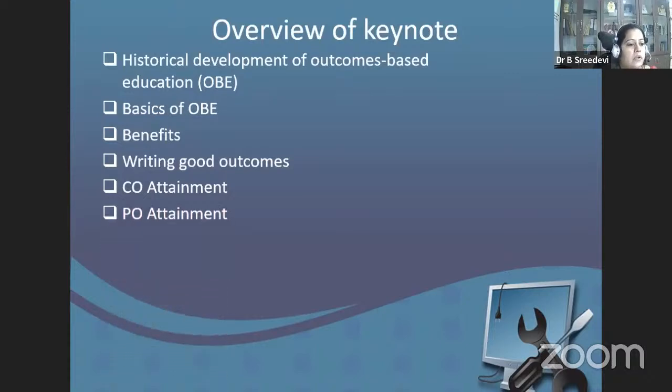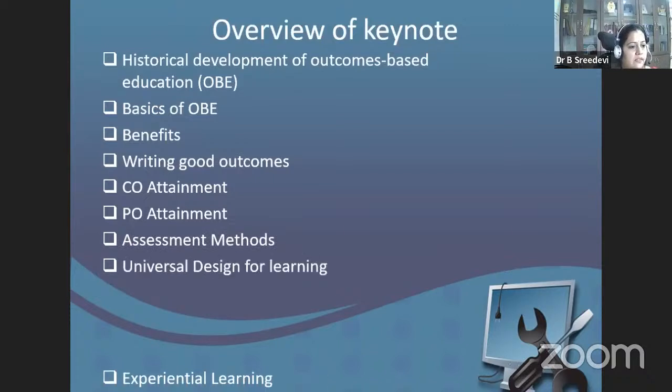And then program outcomes. Collectively, after learning all the courses, definitely my program objective should be attained, which we call program outcome attainment, or PO attainment. Then what are the assessment methods we can have, either formative or summative.